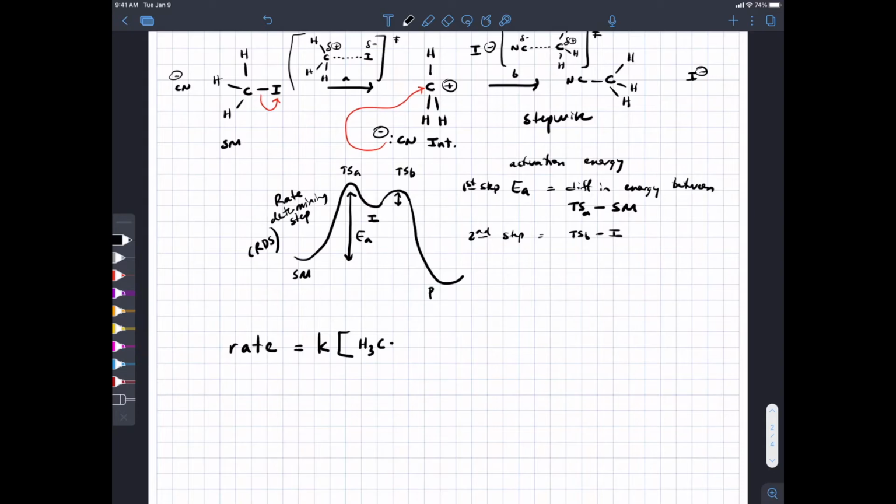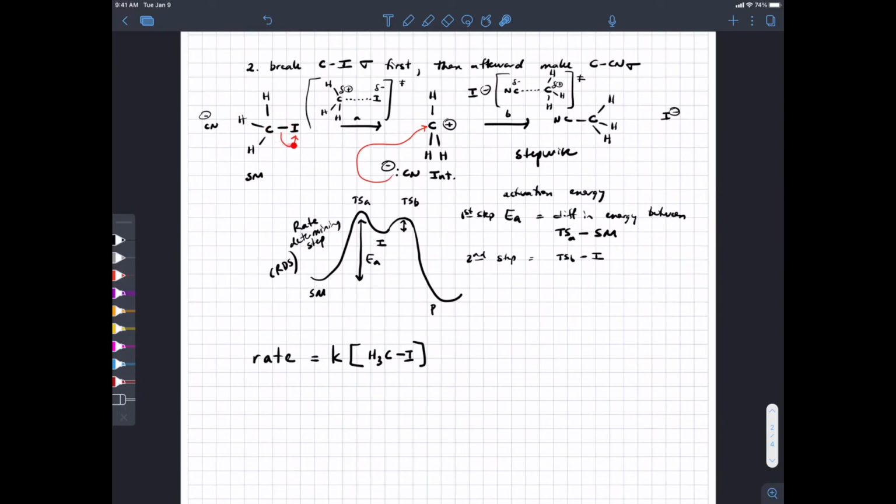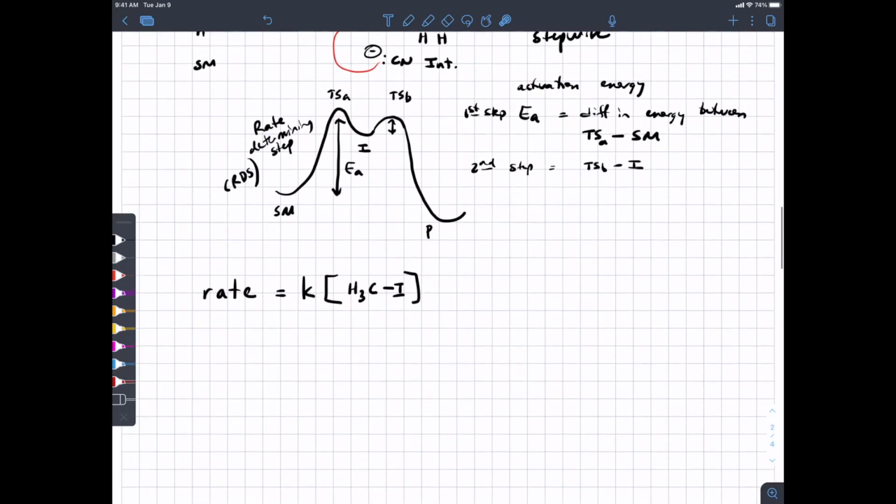So for our proposed mechanism 2, cyanide isn't involved in the rate determining step because the rate determining step is just I minus leaves. So our rate law would look like this. It would only depend on the molecules that are involved in the rate determining step.